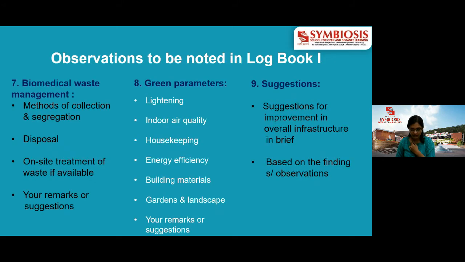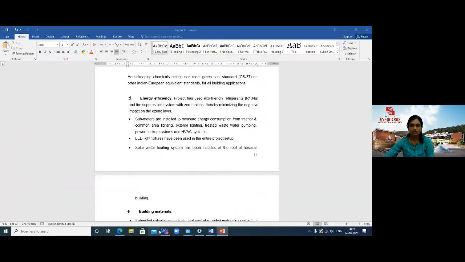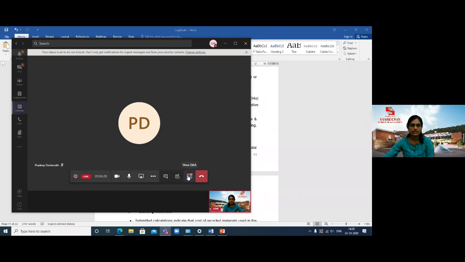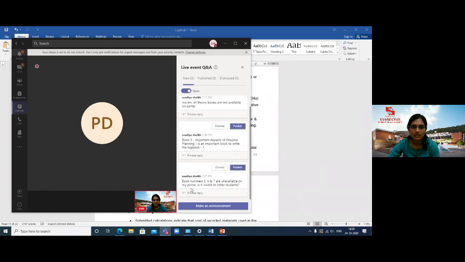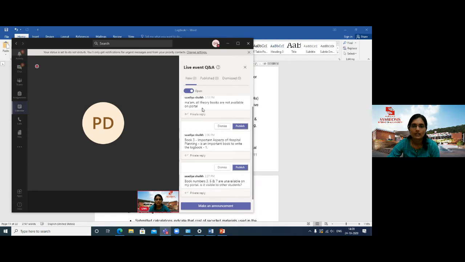Okay, let me just check if there is any query. I will just check for the queries and then I will go to the next. Okay, the queries are related to study books. Satya, if books are not available on the portal, I will check what the problem is. I will note this down.